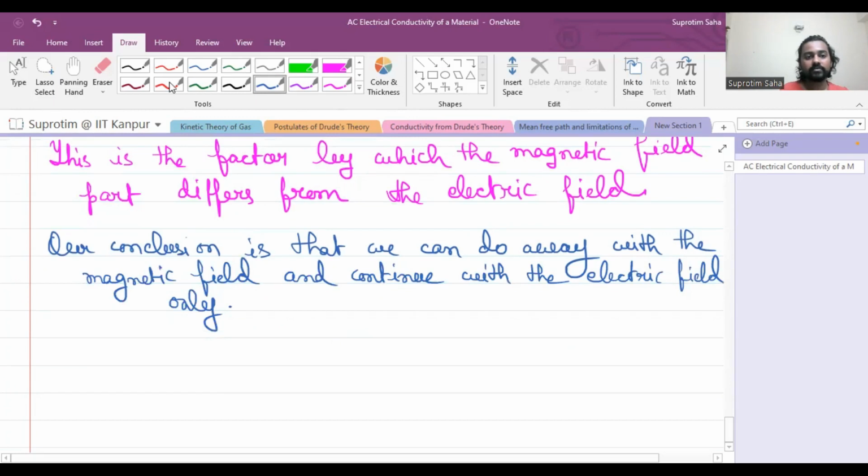So what we got earlier was J vector. Now we can include the spatial part: J(r, omega) equals sigma omega times E vector.